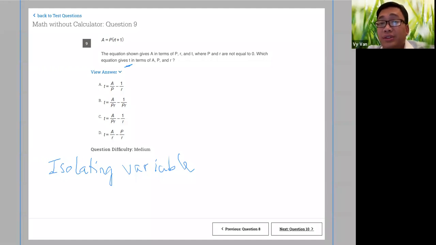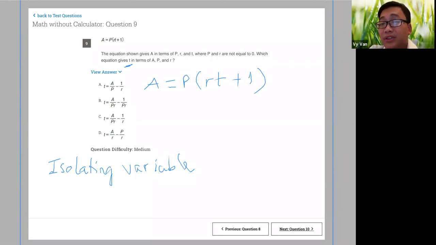So how do you do this? Isolating a variable is like unpacking a suitcase. You undo everything until the variable is by itself. So here we have A equals P times (RT plus 1). You want to undo everything until you have T by itself.